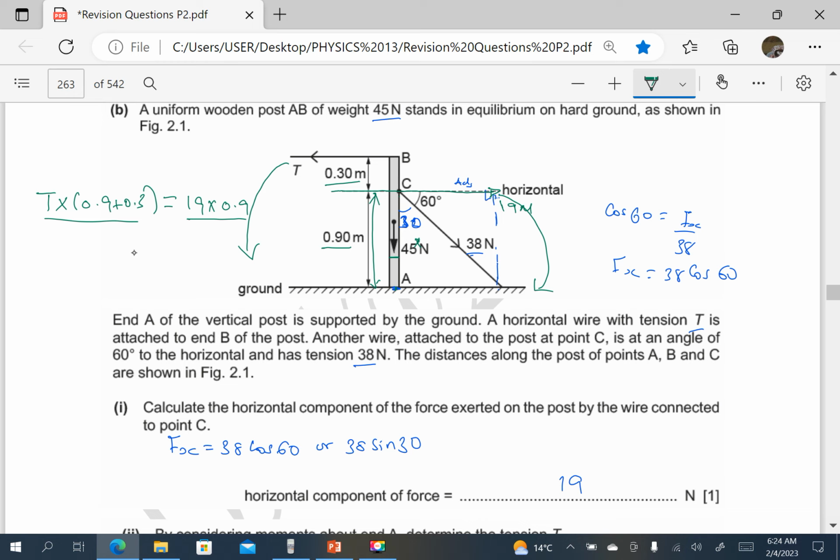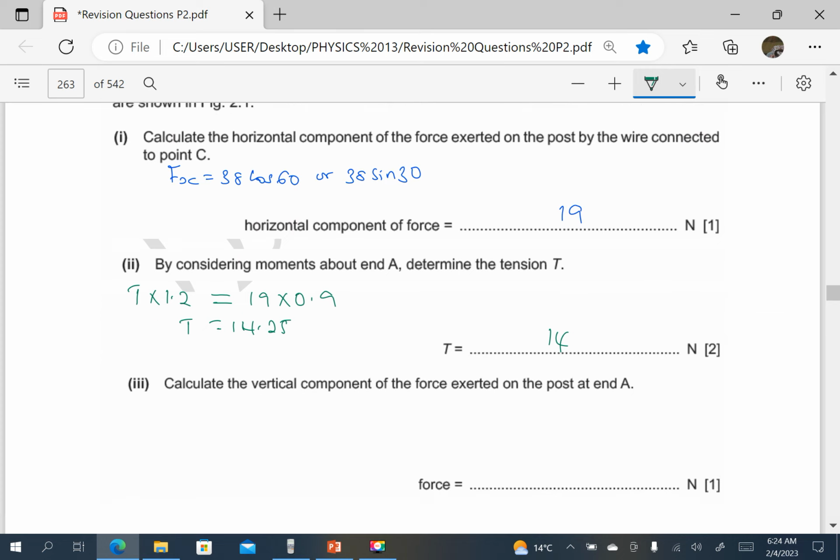And there's a force of 45 newtons acting downwards. Since the resultant force in any one direction should be equal to 0, it means the force exerted at point A should be equal to 45 newtons downwards plus 38 sine of 60. That will be equal to the vertical component of the force exerted on the post at end A.